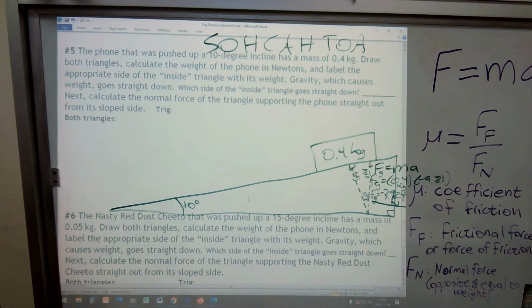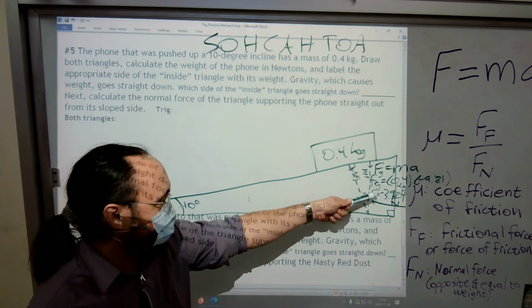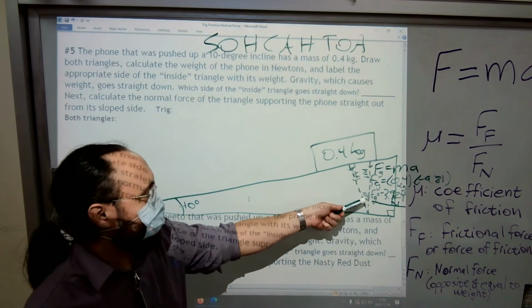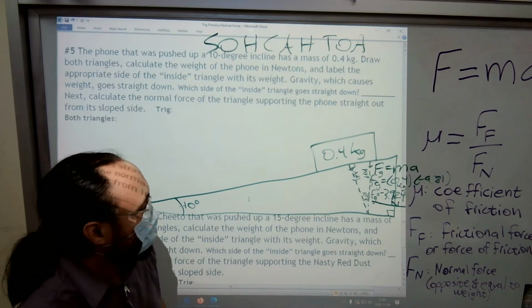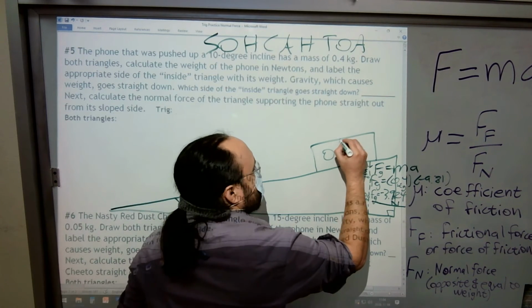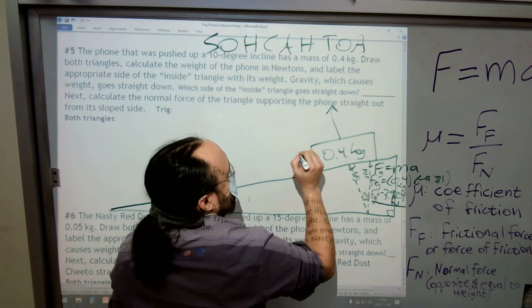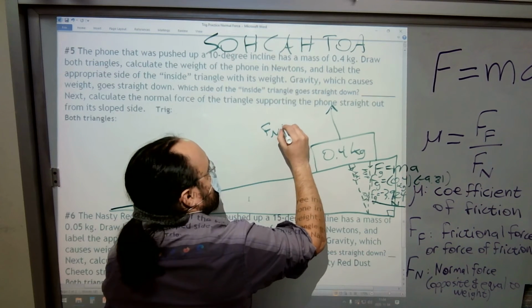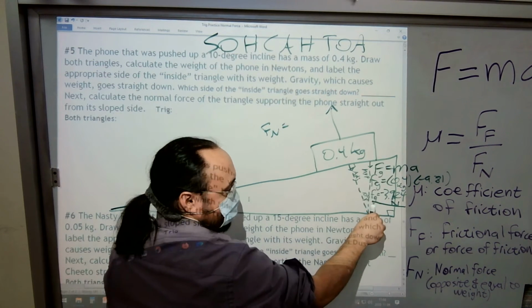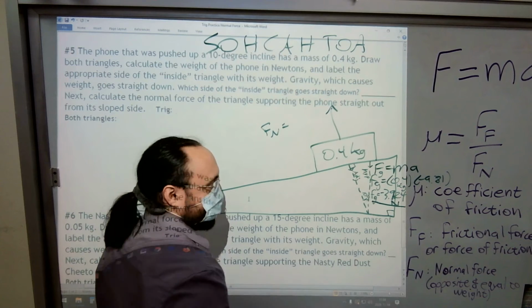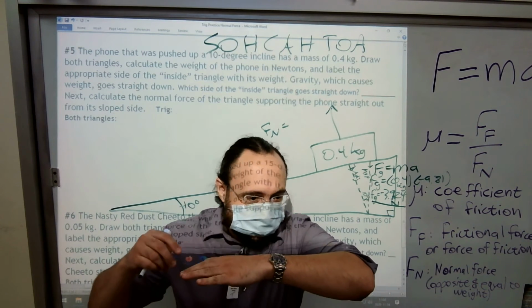And now we've got to find the adjacent side. We've got the hypotenuse, we're looking for the adjacent, and we have our angle here. So this is all in pursuit of finding out what the normal force is. Normally, if the weight's negative 3.9, normal force would be positive 3.9, but that's only when it's on a flat surface.